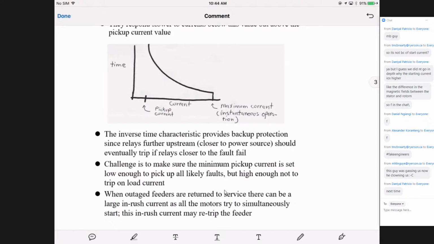For example, I put out a short question: what percentage is the inrush current for a typical transformer, and how do you design your protection? If you don't come to the class, the textbook may not mention it. But if I ask this kind of question, is it reasonable to ask?